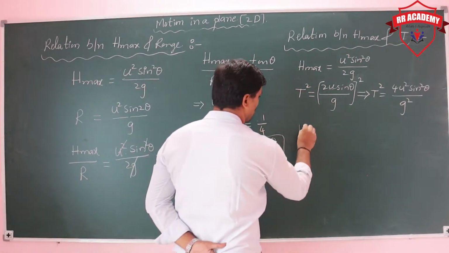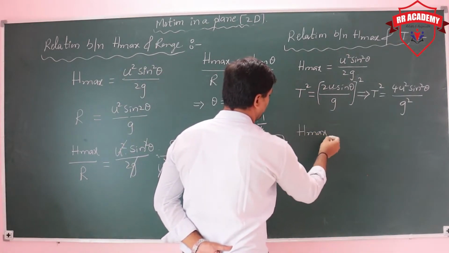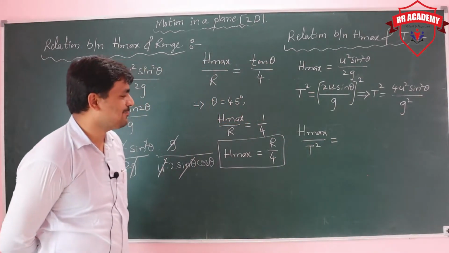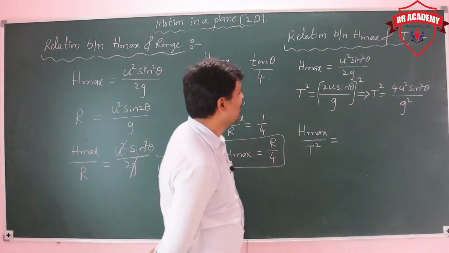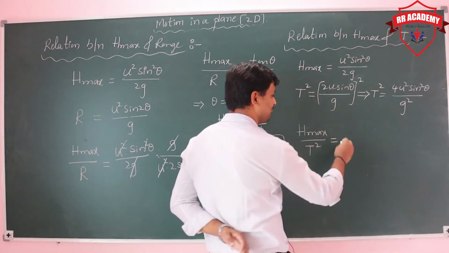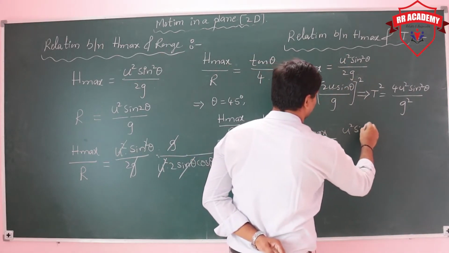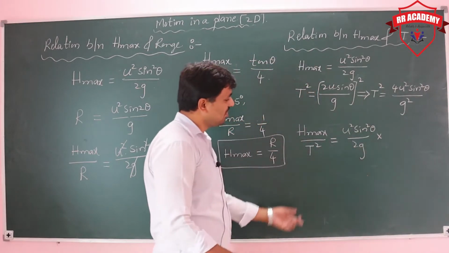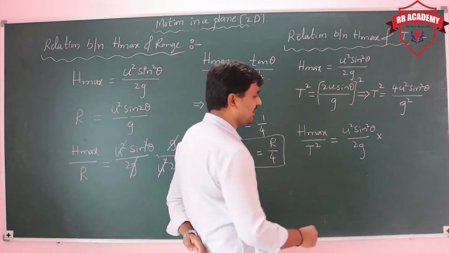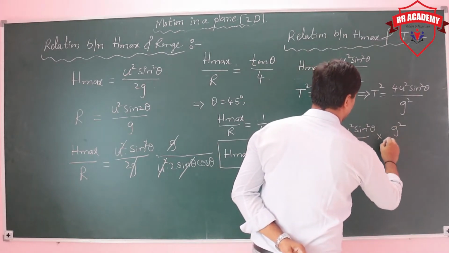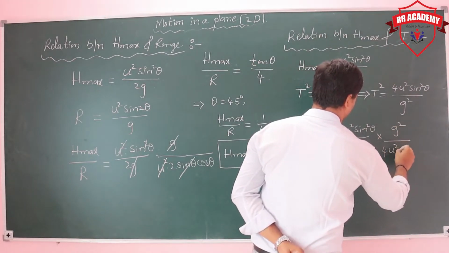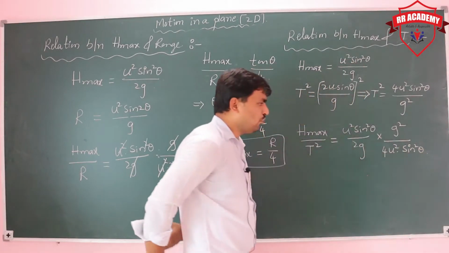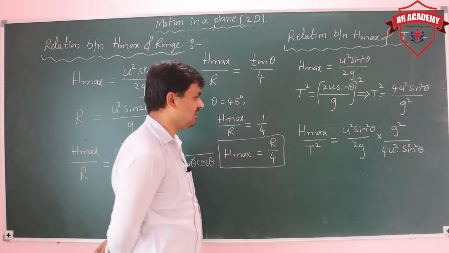Then take the ratio of both. H max upon t square is equal to u square sin square theta by 2g, and for t square it is reversed, g square upon 4u square sin square theta.